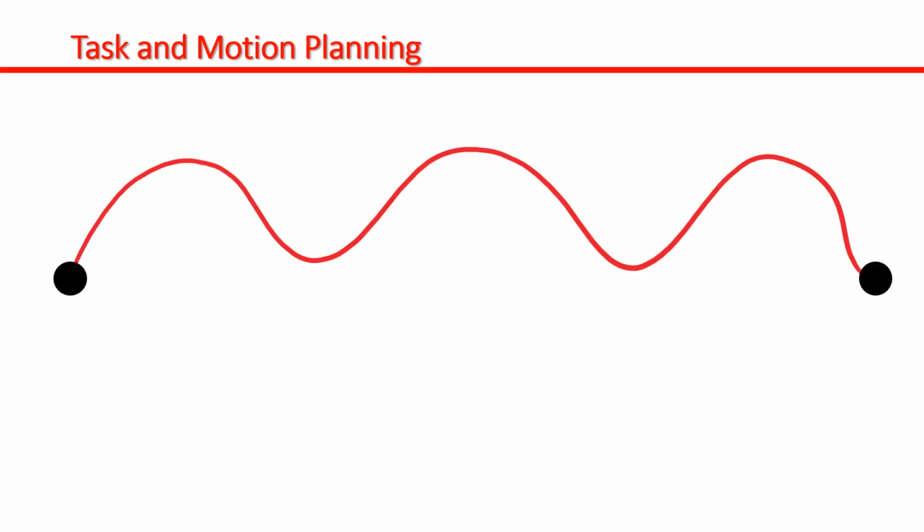So just to motivate our contribution very briefly, let's go over what this task and motion planning space looks like at a very high level. So it has to begin somewhere, right? From some sort of start configuration where the robot starts off from, and you want to achieve a task objective and reach a task goal configuration.